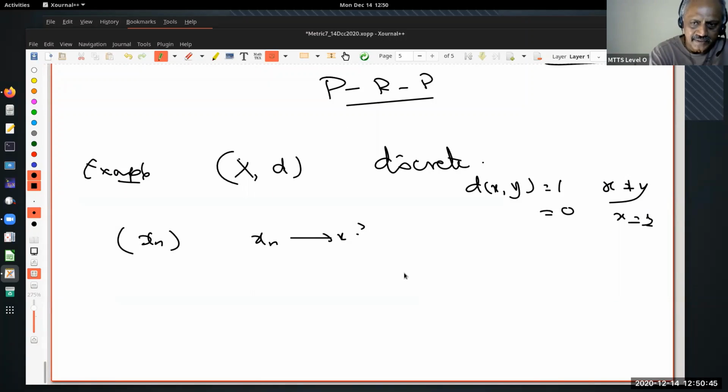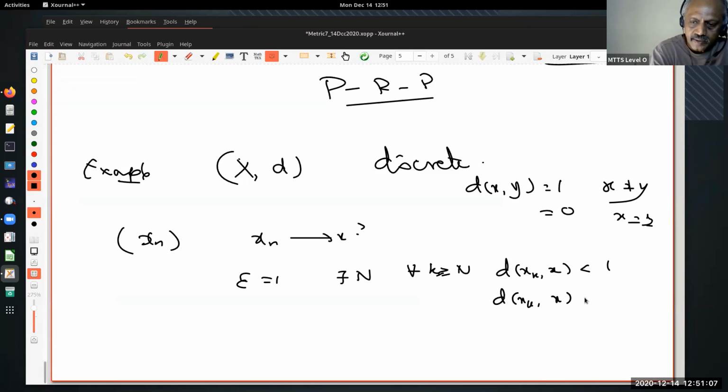The moment I take epsilon equal to 1, there exists an n so that for every k greater than or equal to n, the distance between x_k and x should be less than 1. Remember, the distance between any two points is either 1 or 0. That means the distance between x_k and x must be 0. This is true for every k greater than or equal to n.